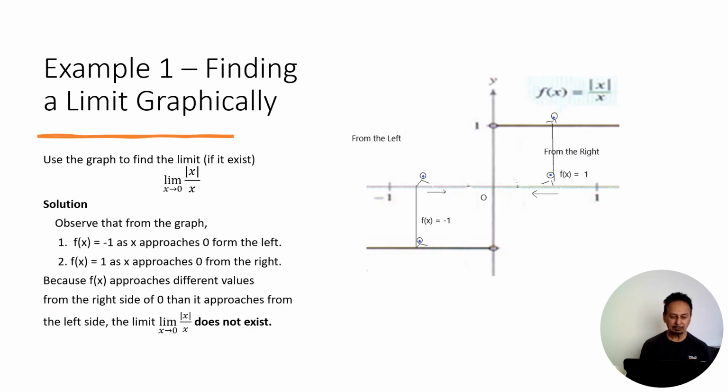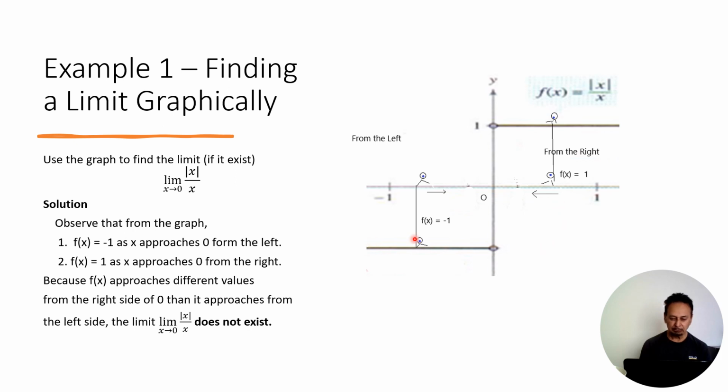So let's see an example. Example 1. Here we have the function f of x equal to the absolute value of x over x. We want to know what the limit is as x approaches 0. Let's see from the graph: if I approach 0 from the right side, the function value approaches 1.